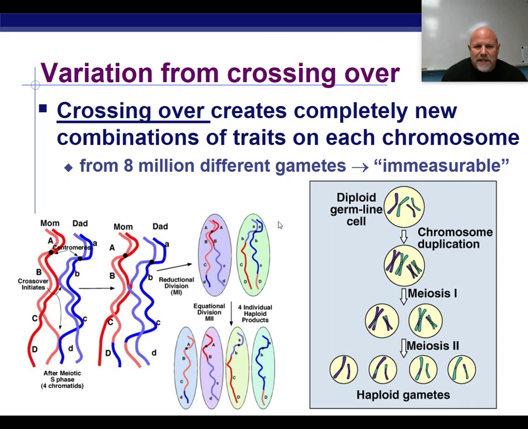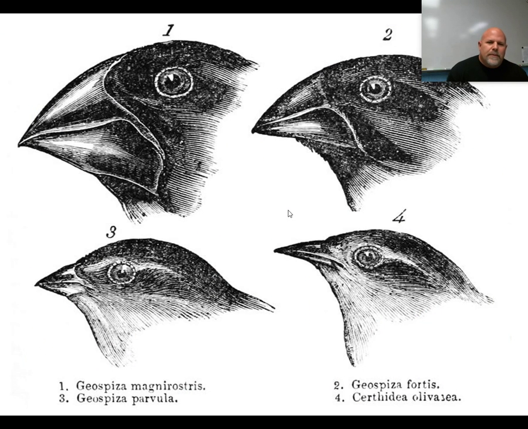So why do we need all this variation in organisms? What's the point of having variety? Well, in species, if the environment never changed and you were well adapted to the environment you lived in, then variation wouldn't be necessary. But we are constantly being placed in a situation where we have new things to contend with.